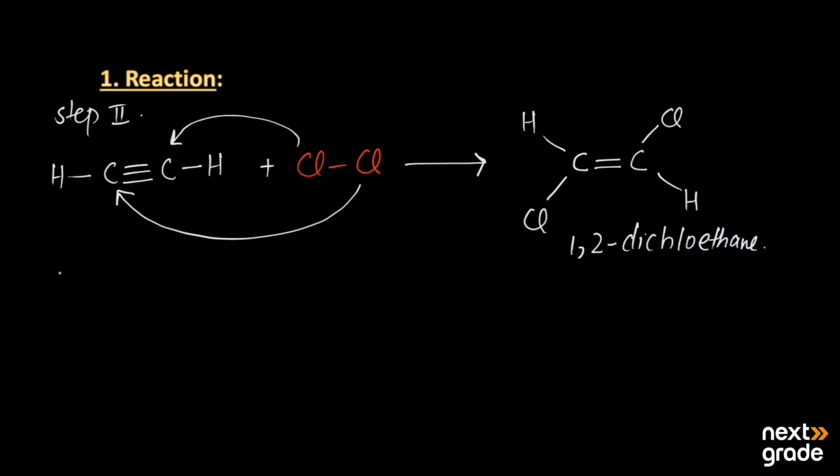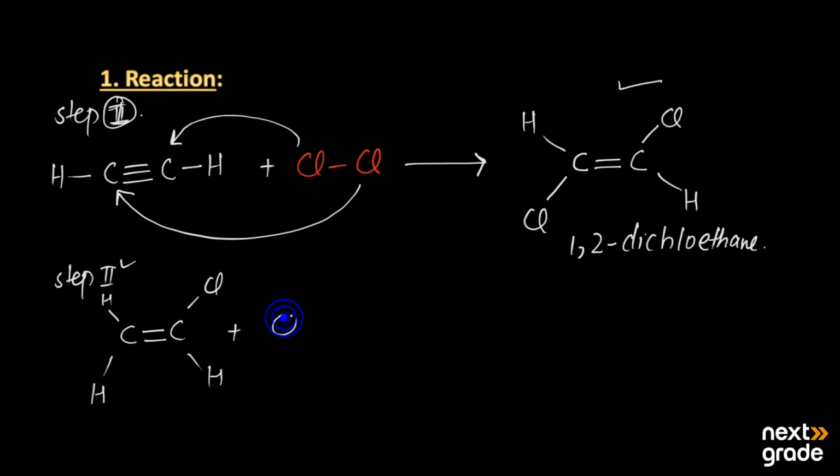After that we have step 2. In step 2 the reactant is the product of step 1. Step 1 was very simple, and step 2 starts from 1,2-dichloroethene. By the addition of the halogen, next chlorine, we will get the product.